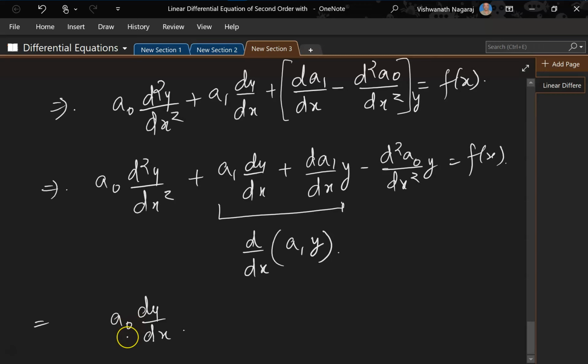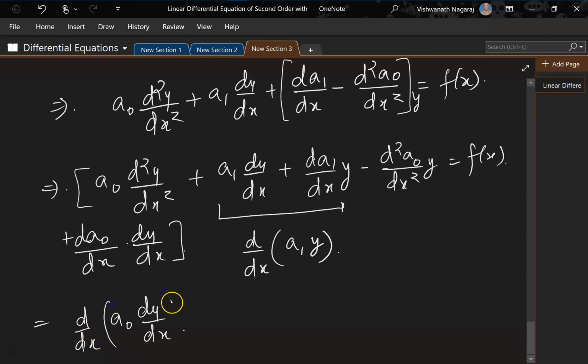Okay, so plus dA naught by dx times dy by dx, right? So these two combined give us d by dx of this. Now remember this term I have added here.